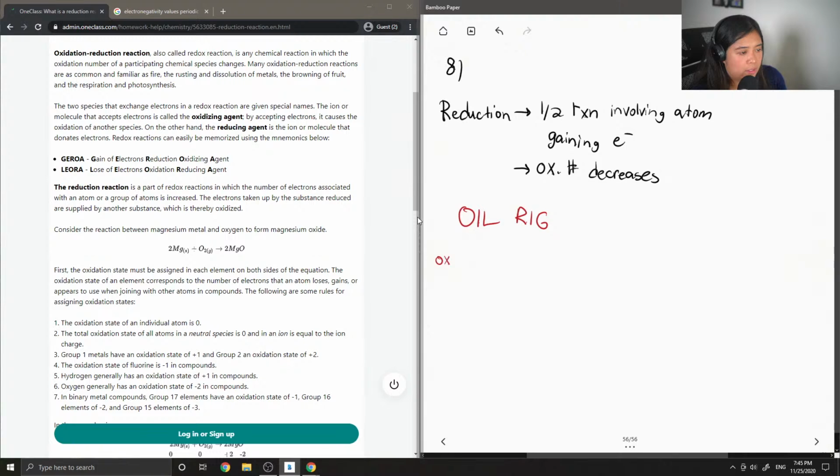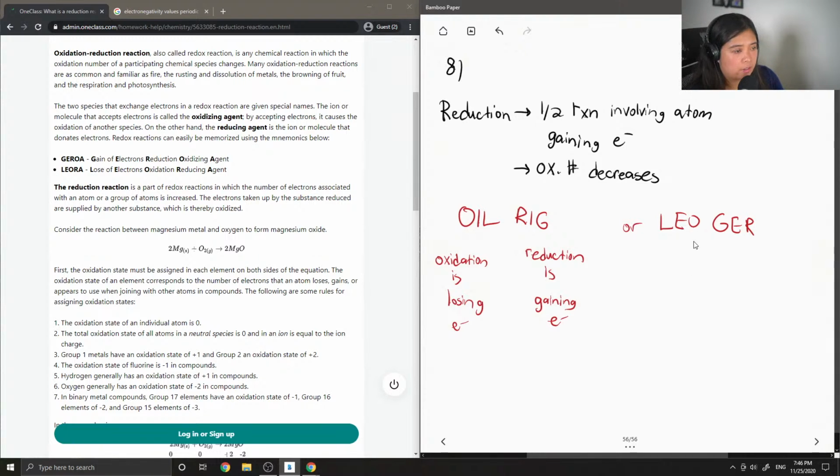So that means oxidation is losing electrons and reduction is gaining. You can also use LEO-GER, which is similar to what the junior tutor said. Losing electrons is oxidation, and gaining electrons is reduction.